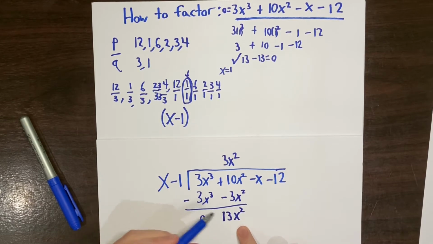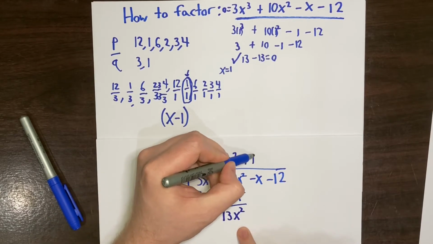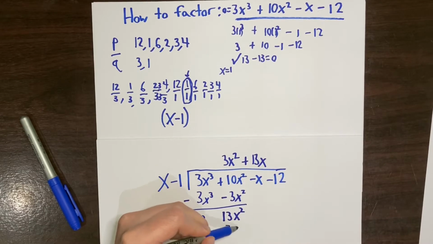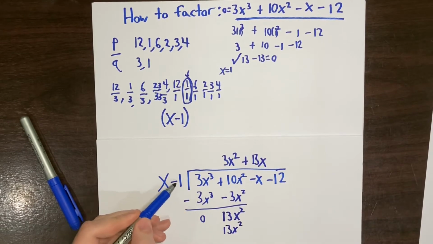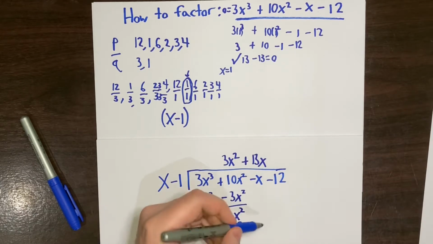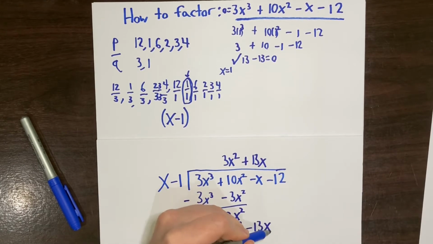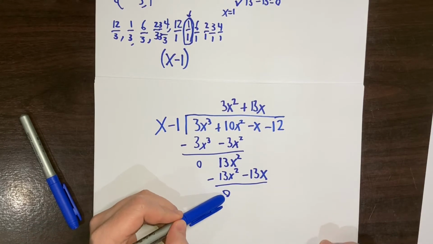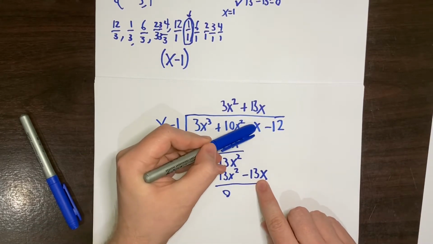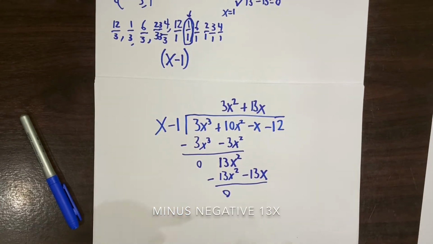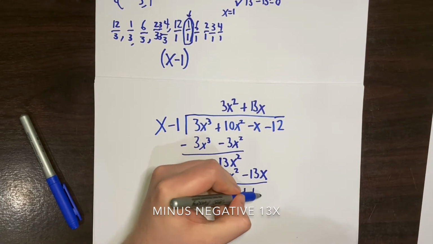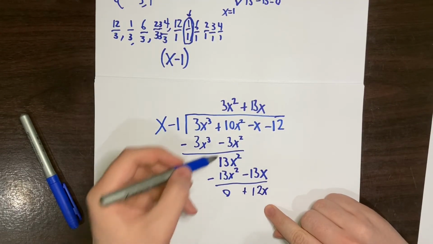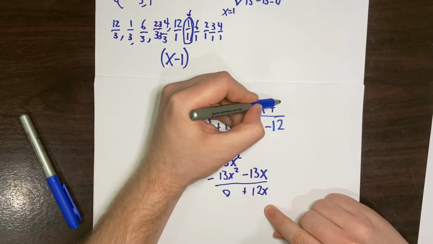X goes into 13x squared 13x times. x times 13x is 13x squared, negative 1 times 13x is minus 13x. 13x squared minus 13x squared is 0. Negative x rather, minus 13x is positive 12x. X goes into 12x 12 times.